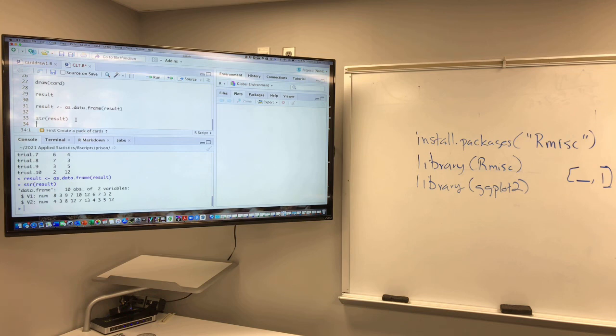Yeah. It gave me this, and so that saved as the data frame. So let's just go back up. Let's redo the draw. And that's what you got for your result.